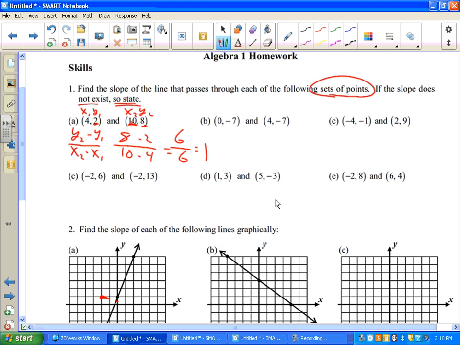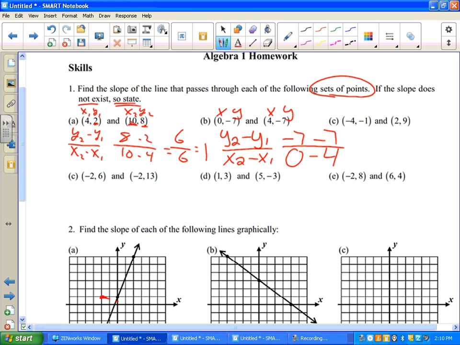Okay, so first you want to do y2 minus y1 over x2 minus x1, and then label them, and then take -7 minus 7 and 0 minus 4.